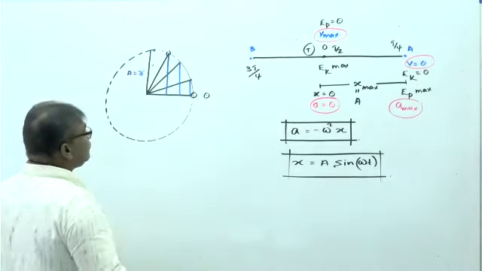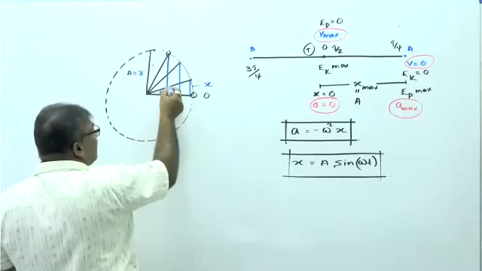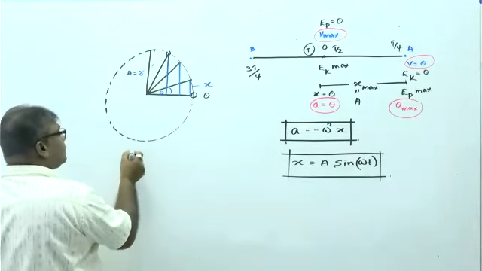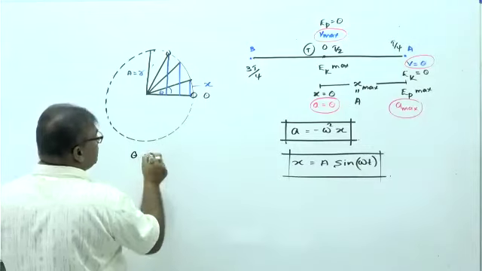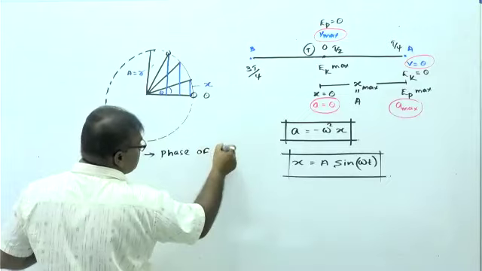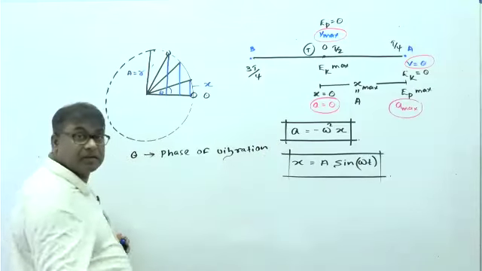Okay, then for the variation of this one, if this is x, and if this angle is theta, this angle is called phase of vibration. Theta, phase of vibration, right?